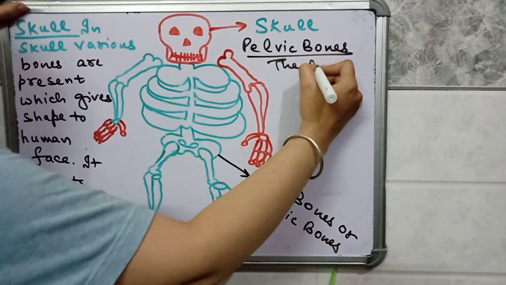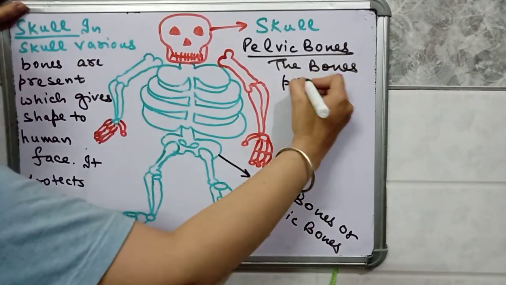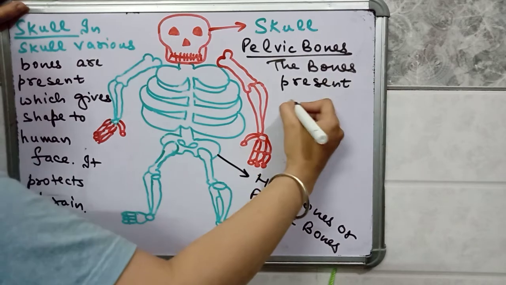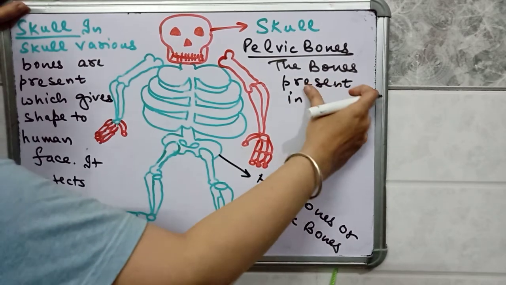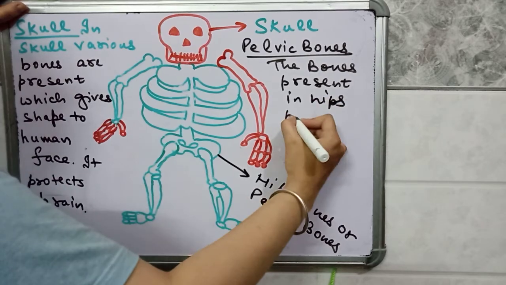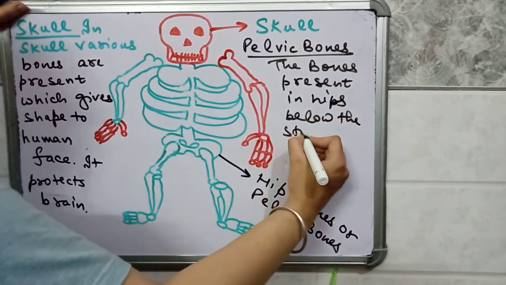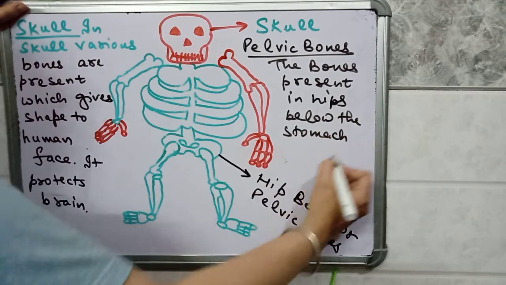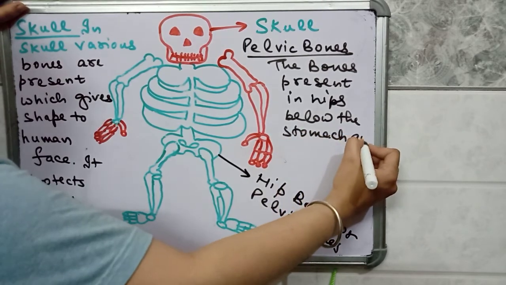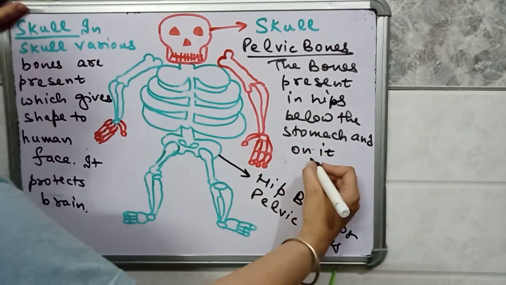The bones present in hips below the stomach. It is present below the stomach, and on it humans sit.